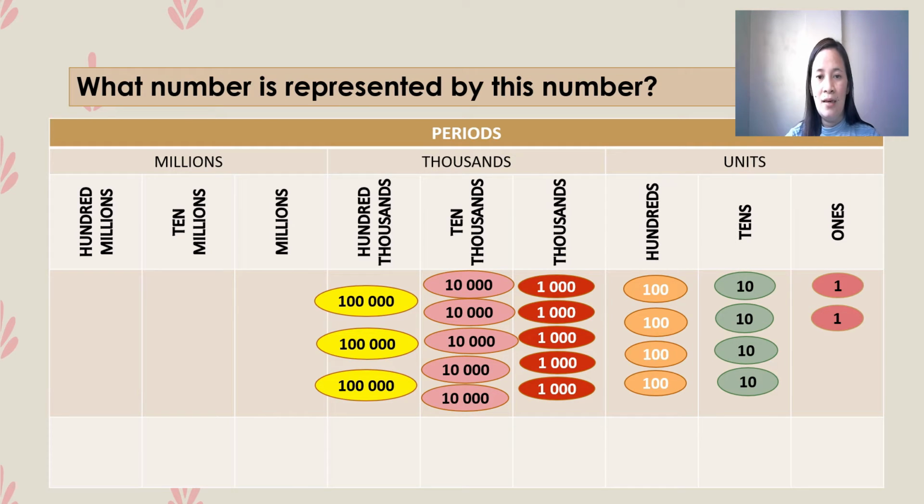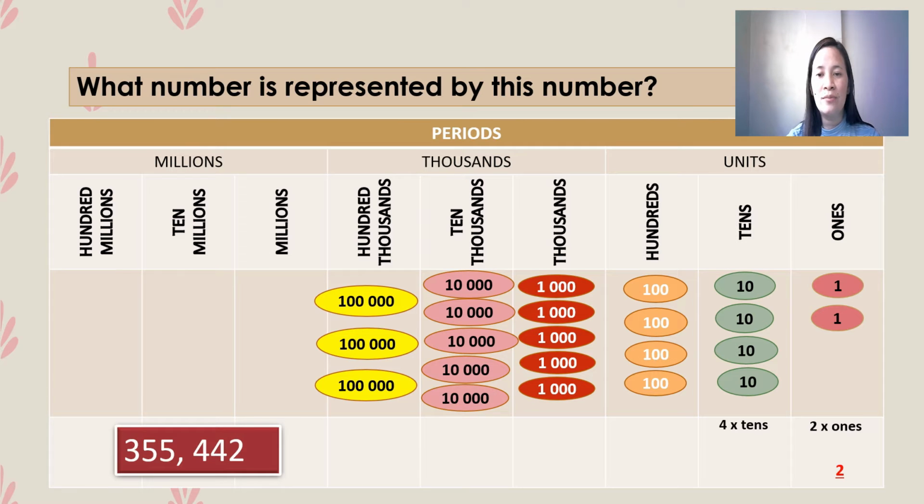How many hundred thousands are there? How many 10,000s are there? How many thousands? Hundreds, tens, and ones. So, that is 355,442. Again, to get the value, all you have to do is multiply each digit by its place value.